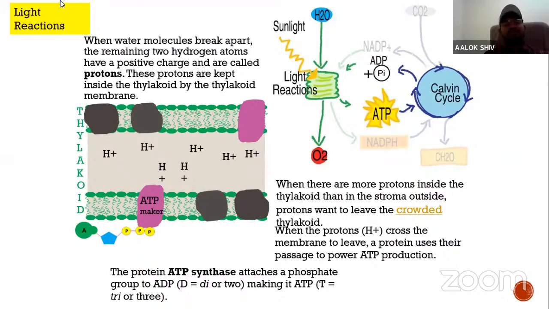So here we have seen that when the H plus ions present in the thylakoid are in abundance, they move out of the thylakoid membrane, and the enzyme ATP synthase present at the membrane uses ADP and the inorganic phosphate to join them and convert them into ATP.